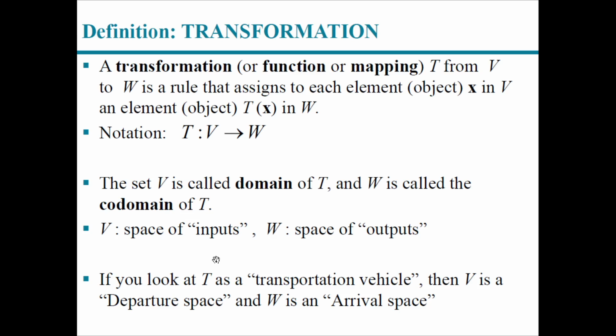If you look at the transformation T as some type of transportation vehicle, then you can say that V, your domain, is like a departure space, and W, the codomain, is like an arrival space. So you have your linear transformation that takes objects here, transforms them, and brings them into W. So it's like transforming them and transporting them from one space to another.